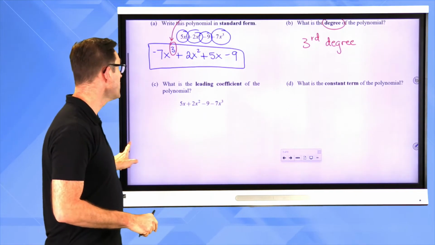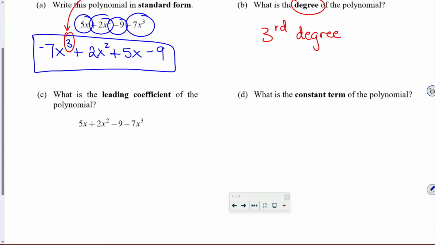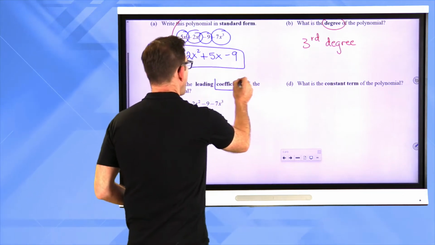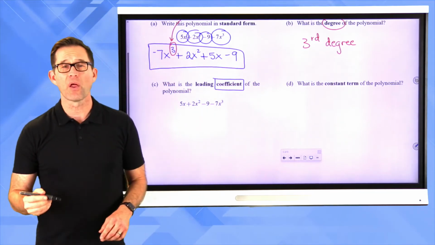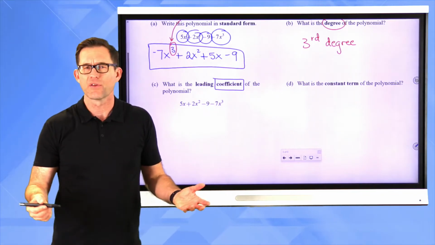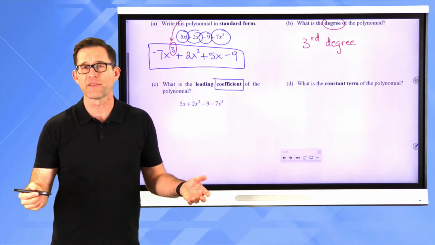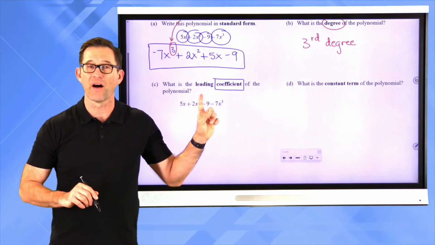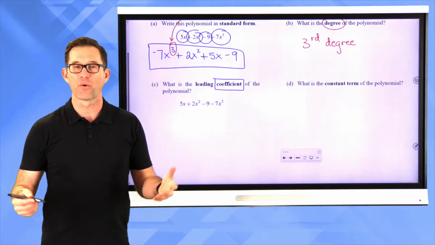Now, kind of building into that, let's take a look at letter C. What is the leading coefficient of the polynomial? Well, hopefully you know, right, that coefficients are the numbers that are multiplying the variables in any expression. The leading coefficient is the number that multiplies the highest powered term.